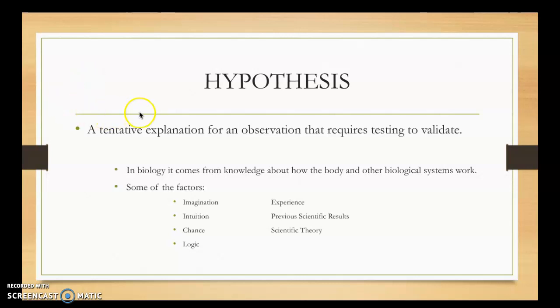In biology, we think about hypotheses coming from how the body works, biological systems, things like that. Some other things that might play a role here are imagination, intuition, chance, logic, scientific theory, previous scientific results, and experiences.